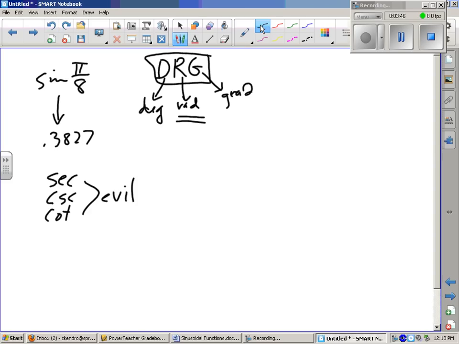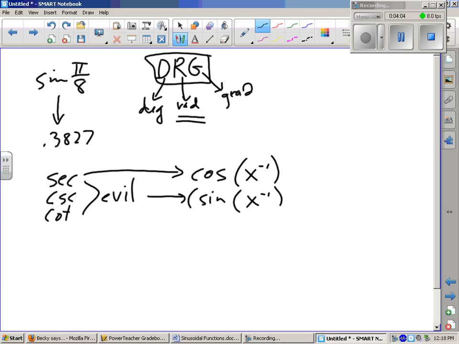So, if you have evil functions, they don't have buttons on your calculator. So instead of secant, you're going to have to do cosine, and then hit the reciprocal button. Instead of cosecant, you use the sine button and then hit your reciprocal. And instead of cotangent, you use the tangent button and use your reciprocal.